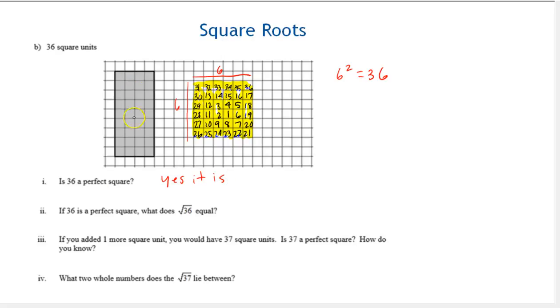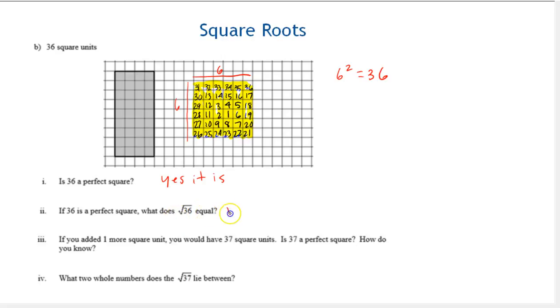So even though this represented 36 square units, we could also use the spiral method to see that we could also rearrange those into a perfect square. If 36 is a perfect square, what does the square root of 36 equal?